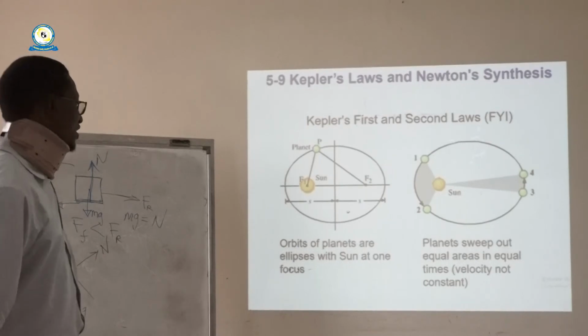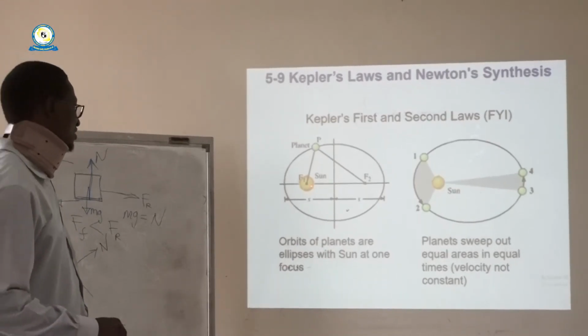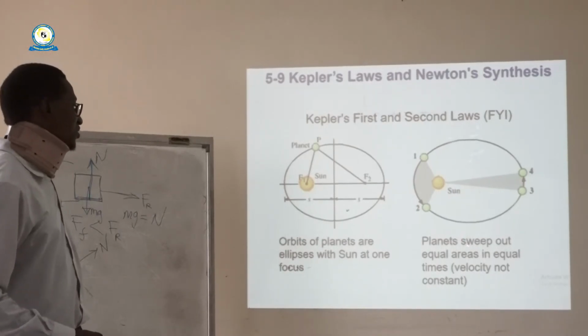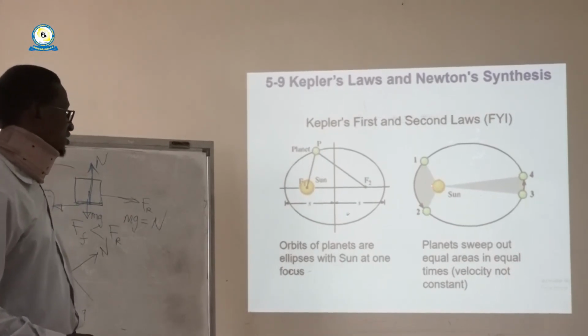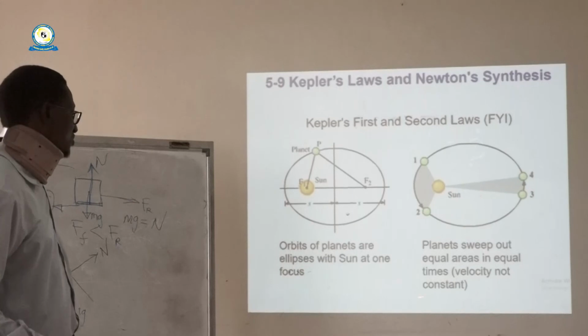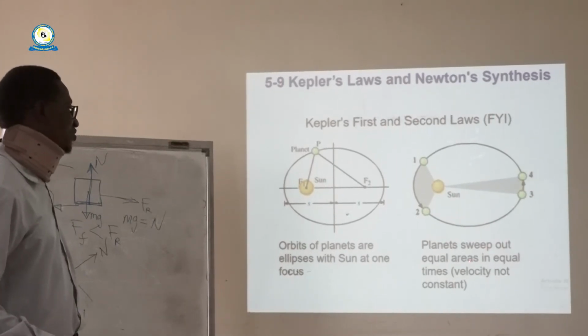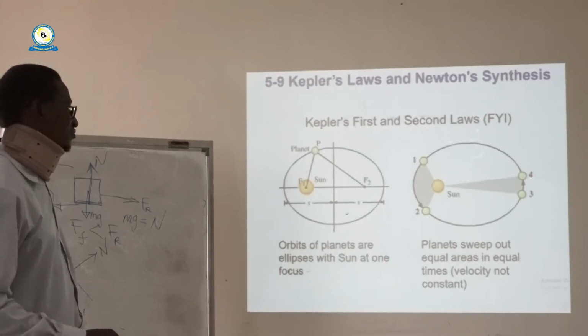Orbits of planets are ellipses with the Sun at one focus. Planets sweep out equal areas in equal times, velocity not constant. Like here, this is the law. Planets sweep out equal areas in equal times, like here, this area.